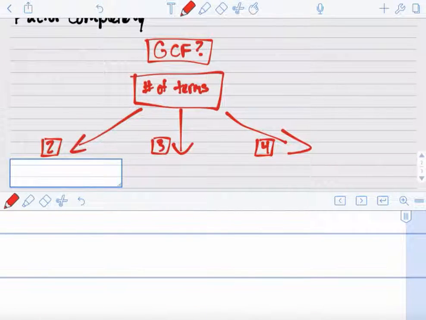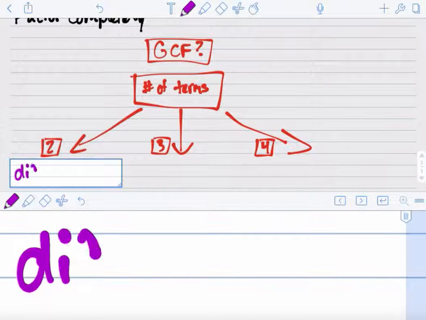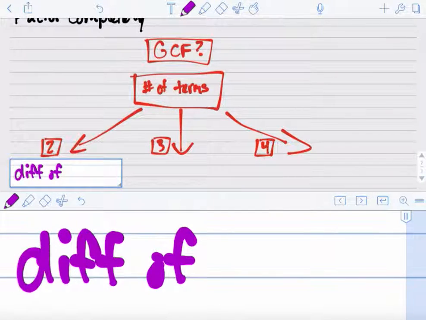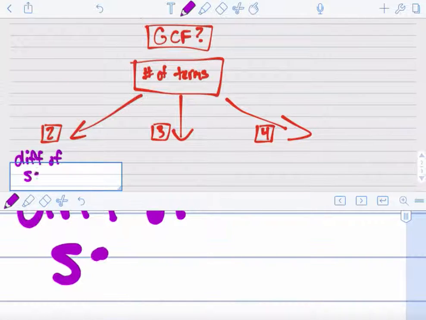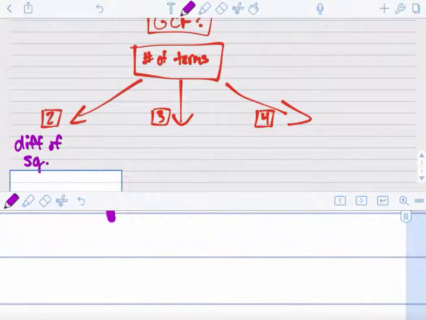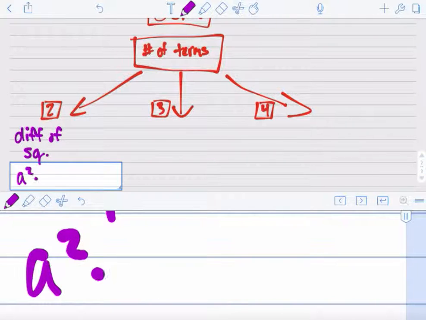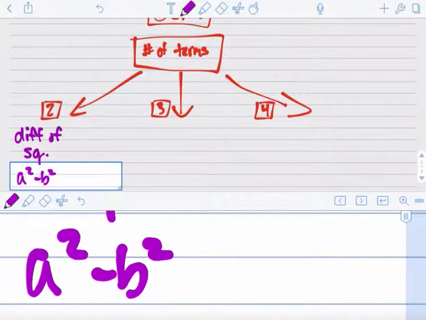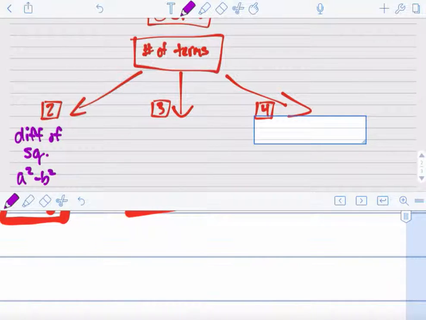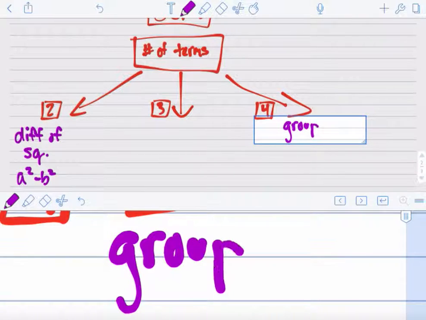In two terms, you want to ask yourself, is it a difference of squares? After you get a GCF out, remember you're checking to see, is it a squared minus b squared? When you have four terms, you're going to check, can you factor by grouping?